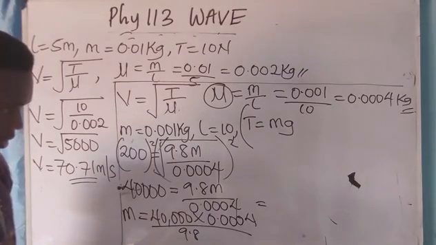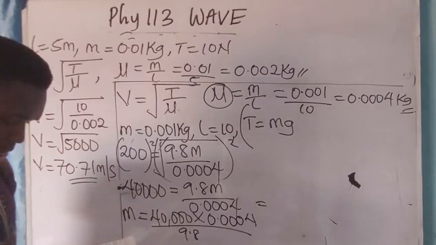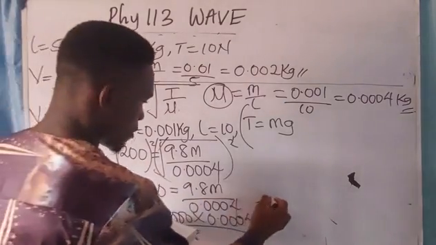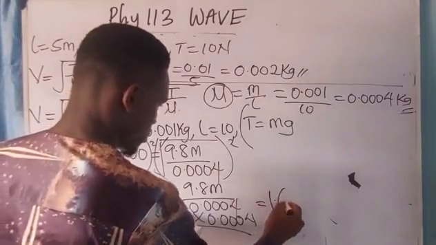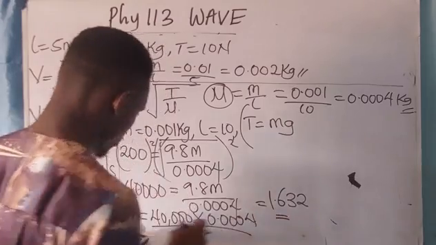Okay, I have 16. So 16 divided by 9.8 equals, I'll have 1.632.